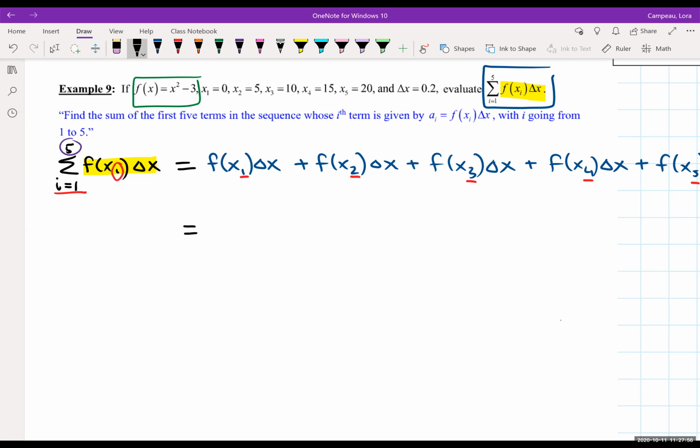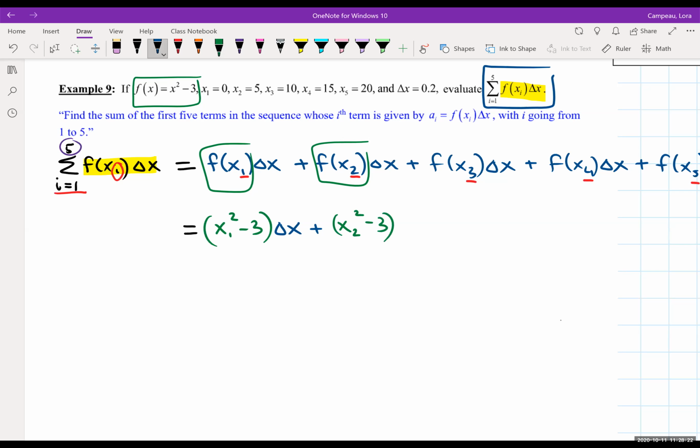I'll do it both ways for you. So f of x sub 1 is x sub 1 squared minus 3, which gets multiplied by delta x, plus, again, f of x sub 2. All they're doing is changing the subscripts on the x's. So it's just saying you have different variables for the x. Still multiplying everyone by delta x.